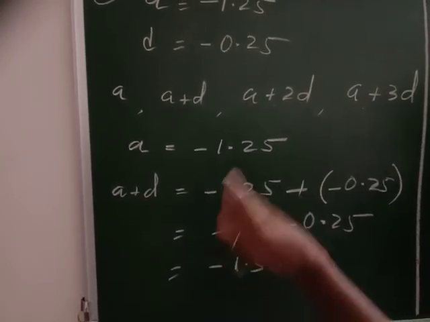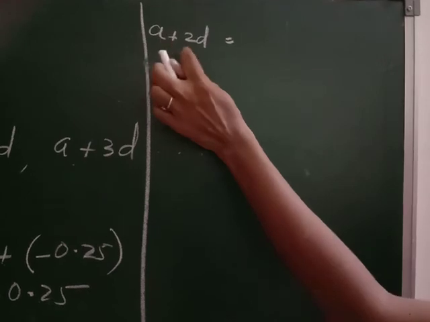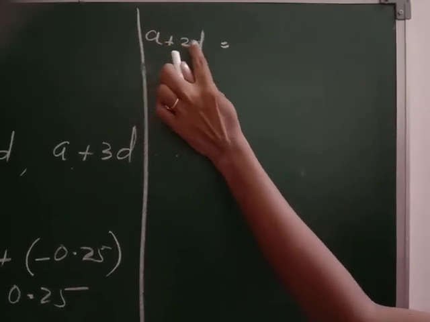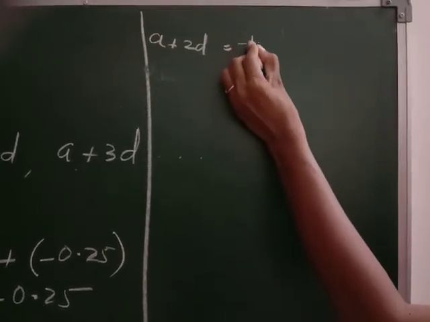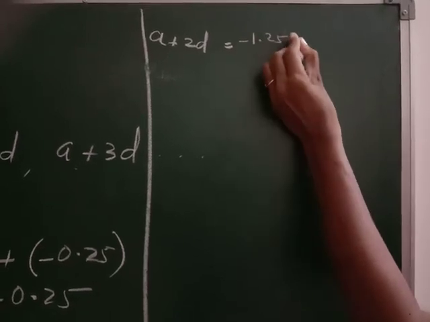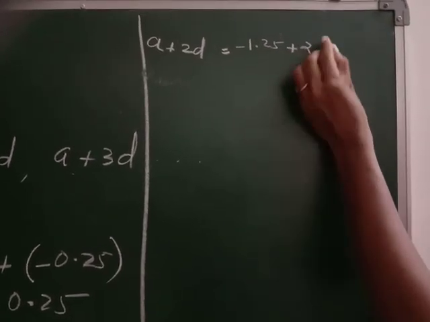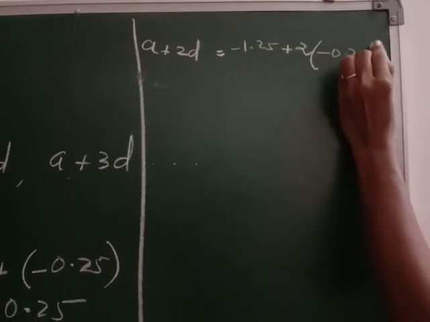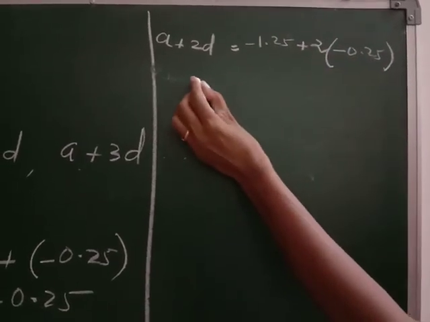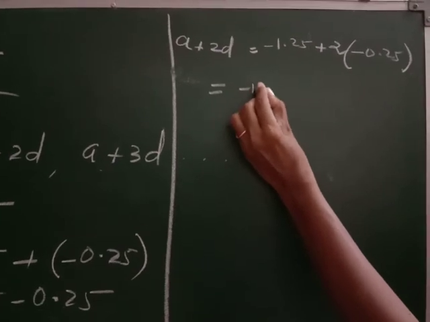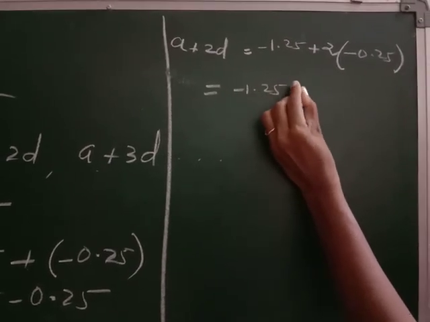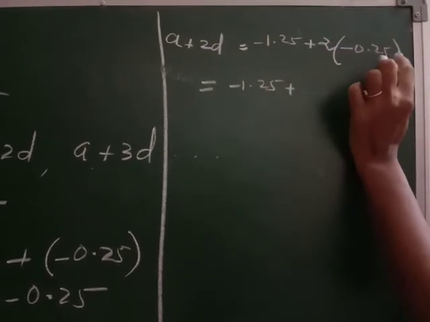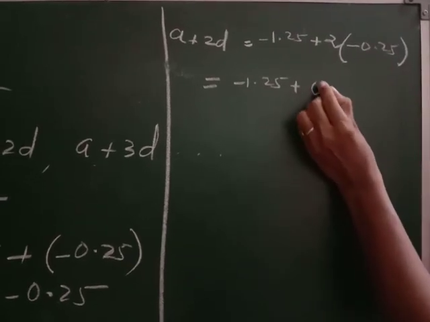Okay. Now the third term. Third term is A plus 2D. So what is my A? Minus 1.25 plus 2D. What is D? Minus 0.25. So multiply this by this. I will get minus 1.25 plus, if I multiply 2 with this, what I will get?